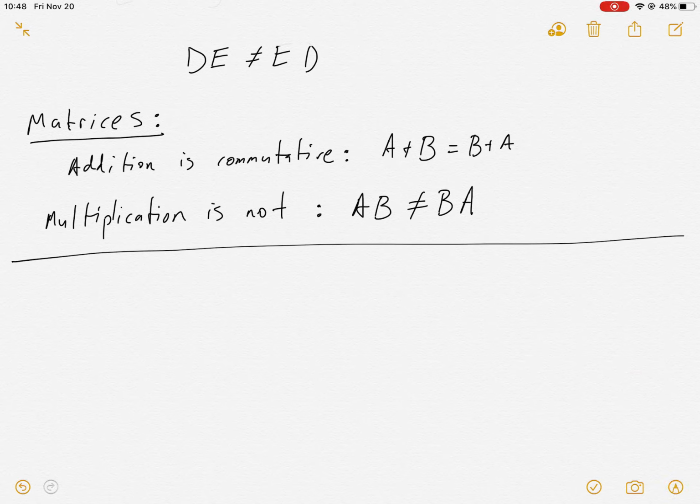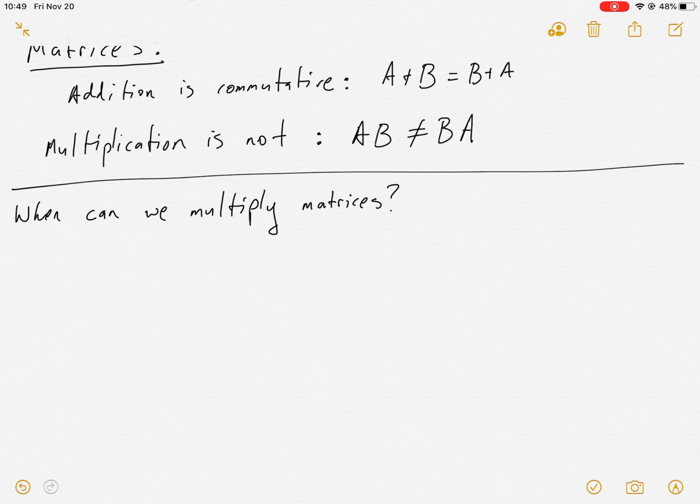Now the next question I want to answer is, when can we multiply matrices? Because if you just threw a couple of random matrices out there, you might not be able to multiply them together. So here's what has to happen. If we say A, let's just let A be, let's call it an n by m matrix.